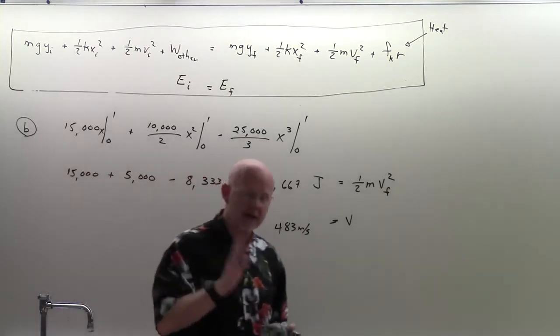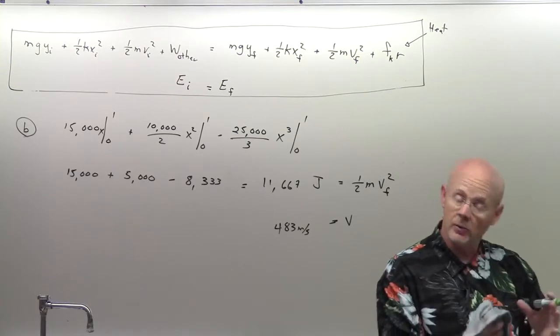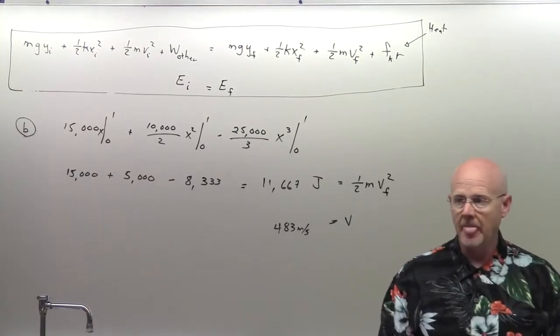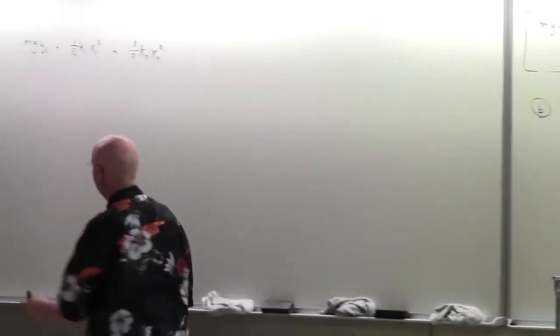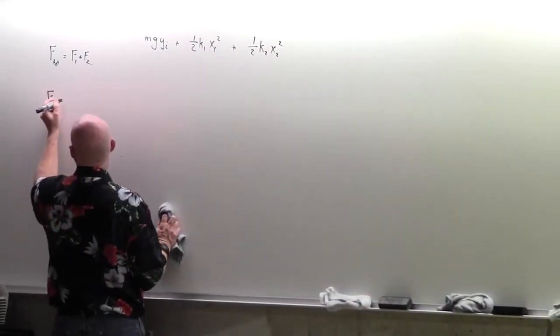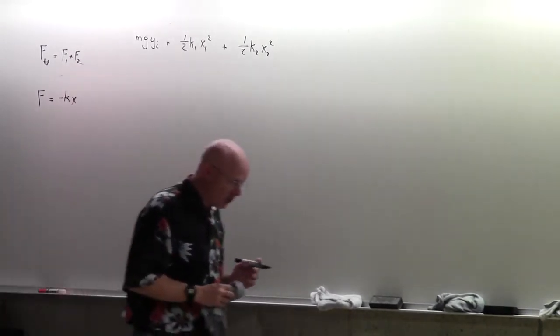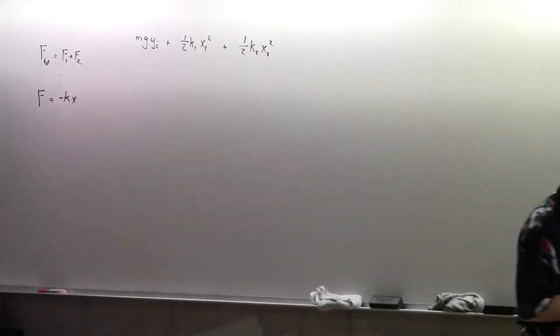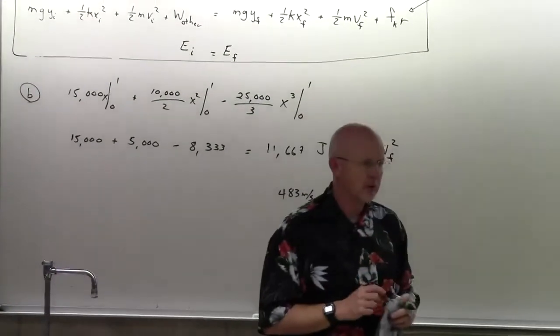But I picked this one because it illustrates something important with Hooke's law. Let me emphasize it again. We did it last time when we were deriving it. Hooke's law, maybe I should put it over here, minus kx. There was something important about that equation. What was it? Where does x equal 0?